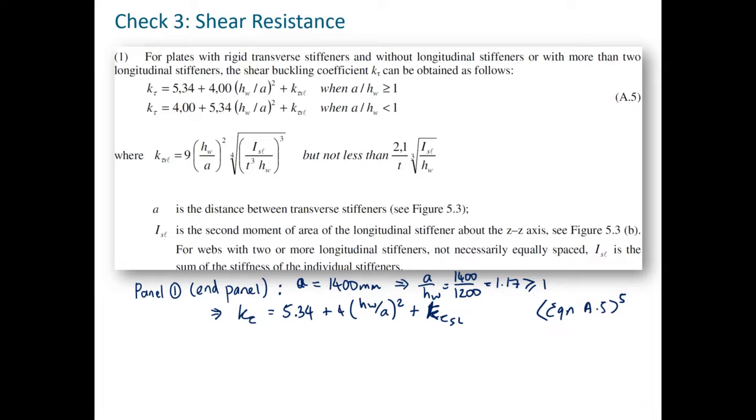That's why I have the superscript 5 in it to show that it's Eurocode 3 part 1 part 5. Okay, so we know that last bit is 0 because we've got no longitudinal stiffener in there. We've only got transverse stiffeners, so 5.34 plus 4 into 1200 divided by 1400 squared. So we're checking panel 1 first because that's the one that has the highest shear. We know from the shear force diagram, the ones at the edge have the highest shear. So 8.28.